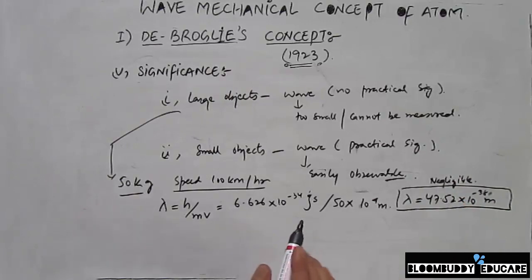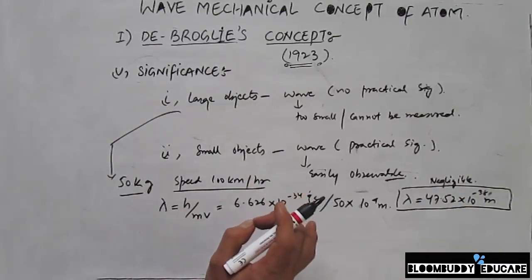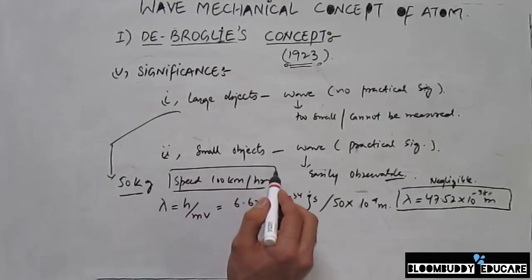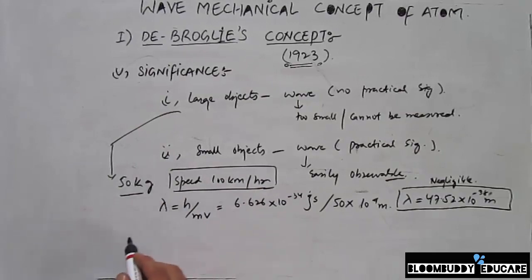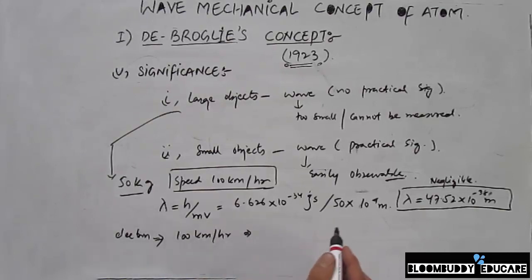Now again I will take an electron, which is a very small particle, and move it with the same speed, around 100 km per hour. Then we will calculate the wavelength and see how much wavelength is associated with it.